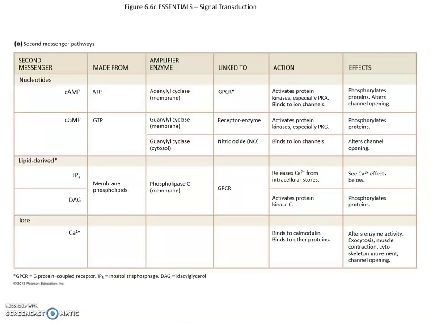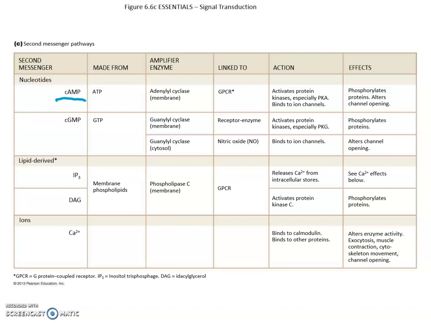So let's take a look at this table right here. These are the most important second messenger pathways that you should know about. Mainly the first one right here, cyclic AMP as a second messenger, is going to be the most important second messenger that you're going to deal with. It's a nucleotide-based molecule. It comes from ATP, so it's adenosine monophosphate, and it's called cyclic adenosine monophosphate because a chemical modification is done to the molecule that makes a cycle out of it.